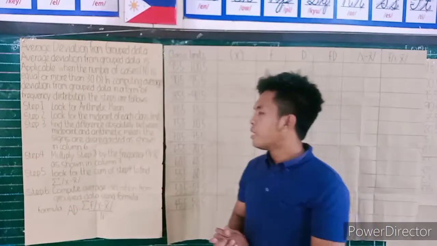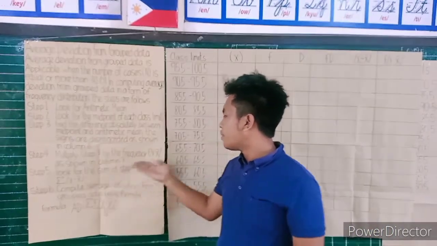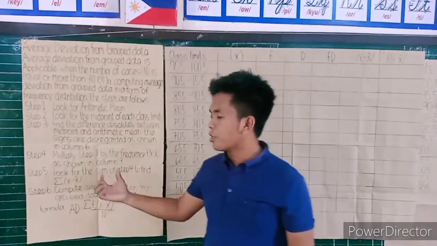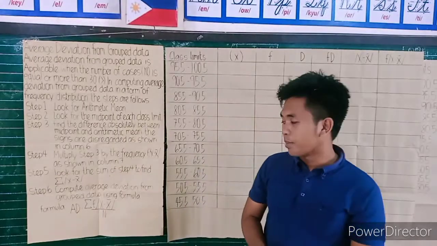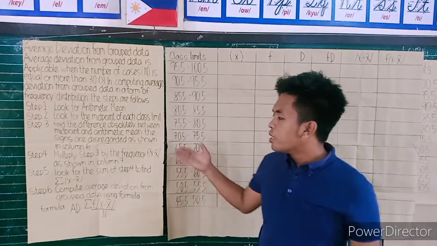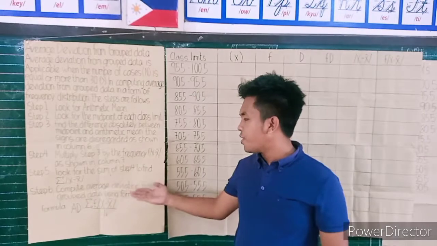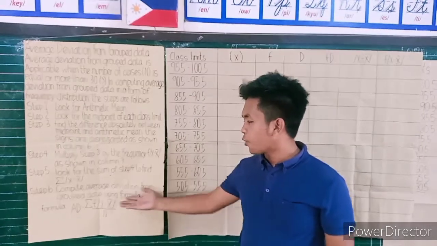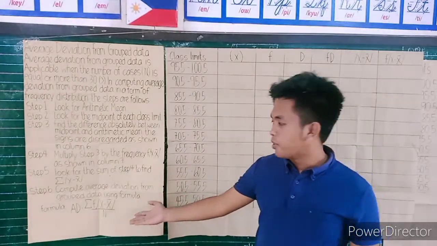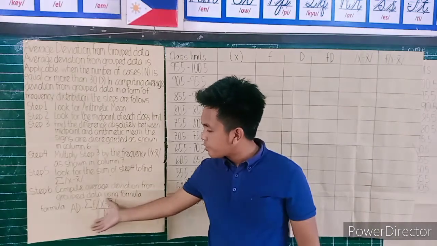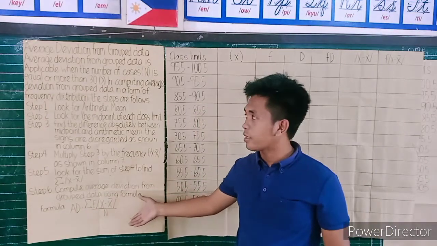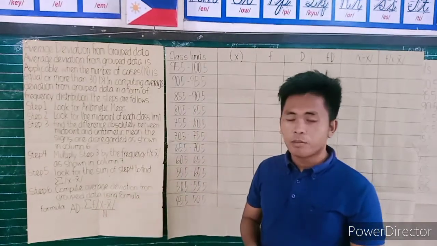Fifth, look for the sum of step 4, the summation of the number of scores minus the arithmetic mean. Sixth, compute the average deviation from group data using this formula. This is the final formula on how to get the average deviation from group data.